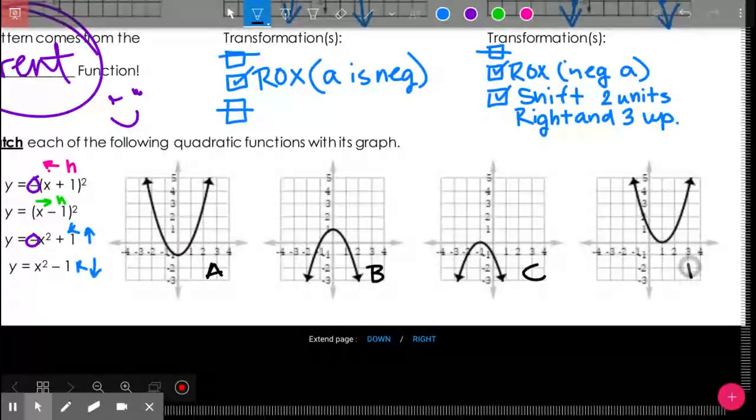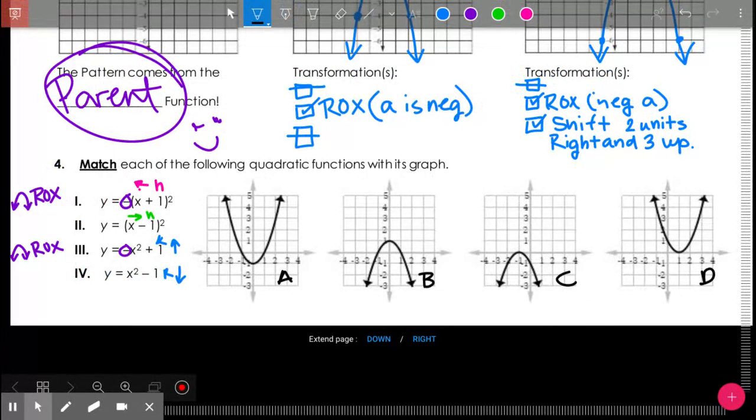So let's label our graphs A, B, C, and D so we know which ones we're talking about. And if I'm looking for, on number 1, a reflection with a shift to the left, to me that looks like C. C is 1. Okay, number 2, no reflection. So it's going to open up like a cup. So I'm just looking for a shift to the right.